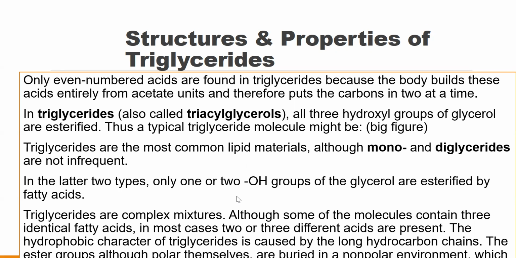Triglycerides are the most common lipid material, although mono and diglycerides are not infrequent. So triglycerides, meaning there are 3 esters that you can see in the glycerol, in the esterified form of glycerol. The hydrophobic character of triglycerides is caused by the long hydrocarbon chains.